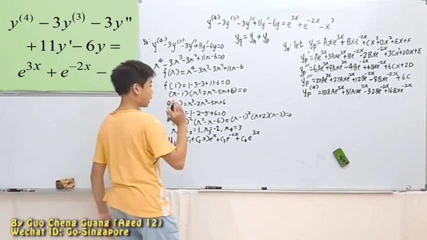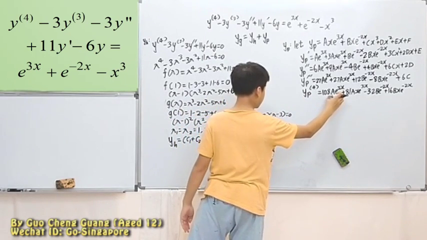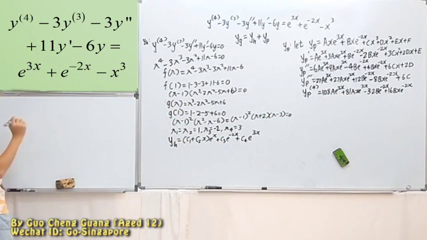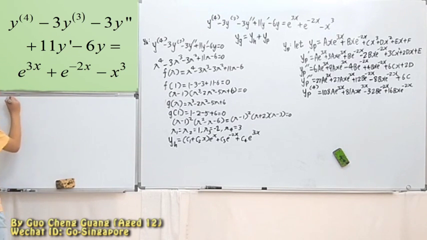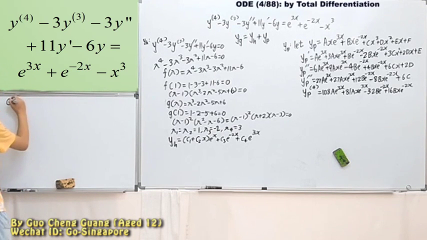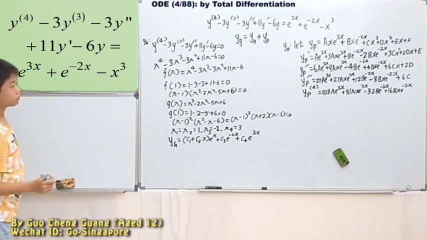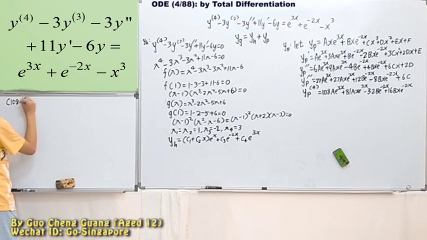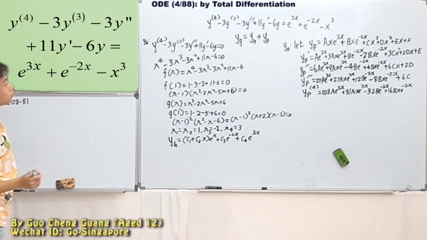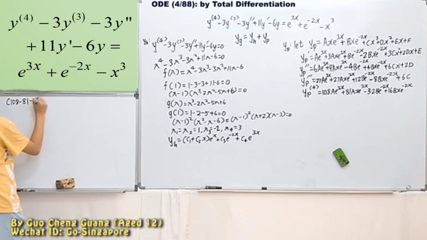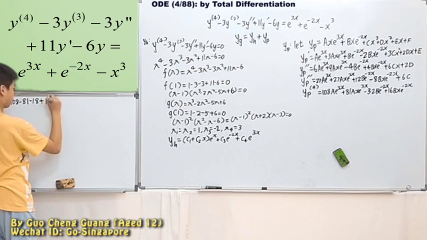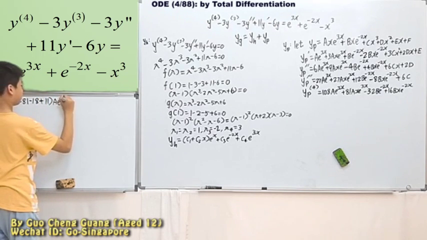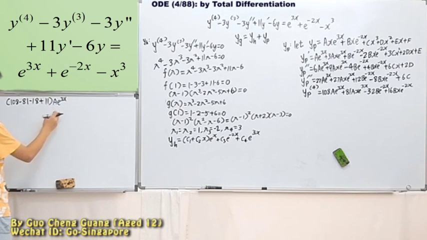So firstly, we can look at them part by part. For example, you can look at e to the power of 3x, or a times e to the power of 3x first. So firstly, for example, here is a times e to the power of 3x.